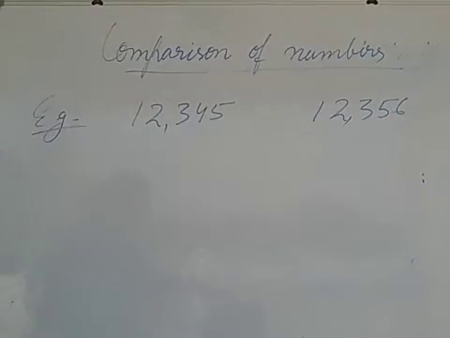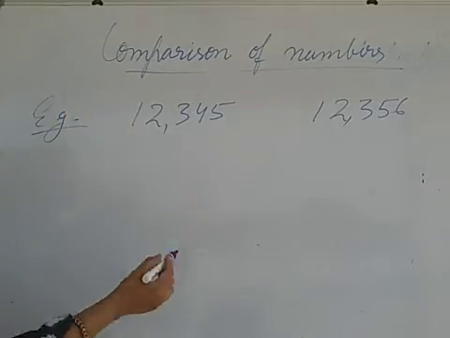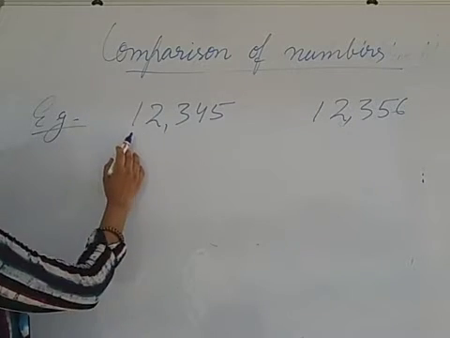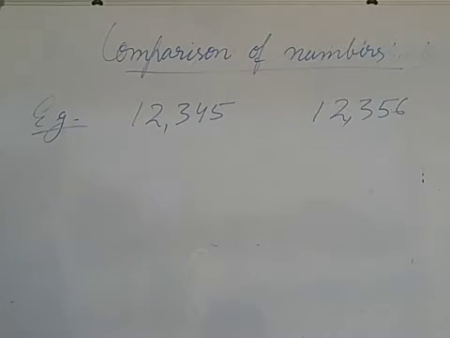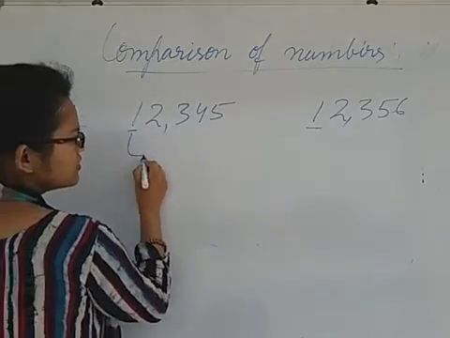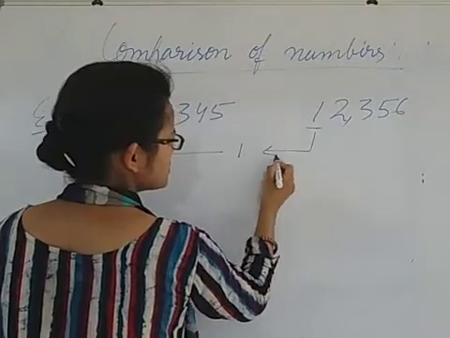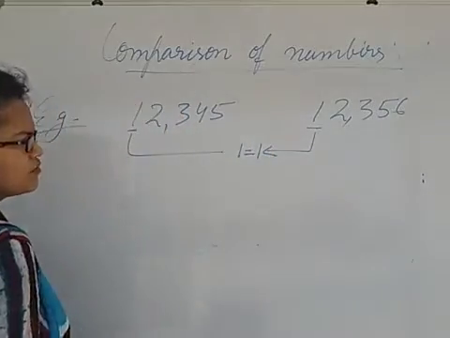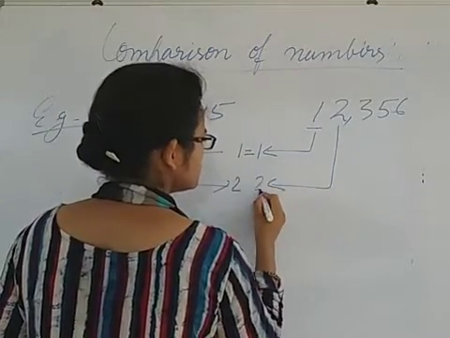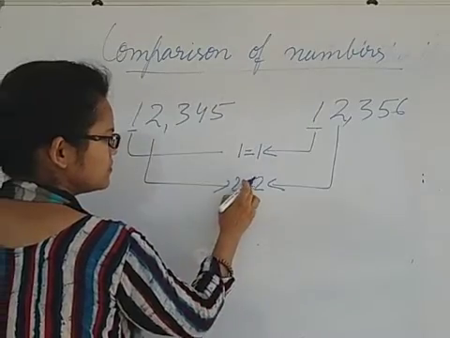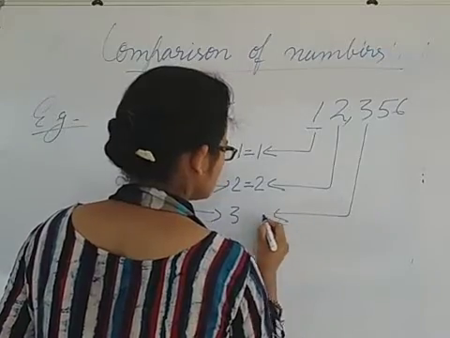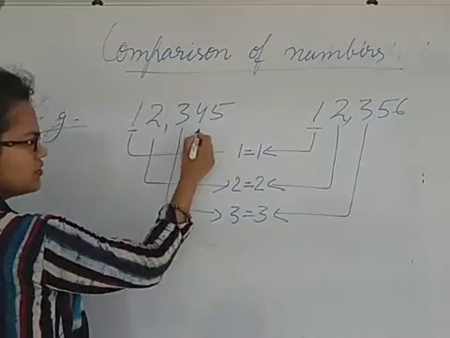Now take some more examples. Here I have taken two numbers. One is 12,356 and the second one is 12,345. Again let us start with the leftmost side of the number. Here the first digit is 1, here also 1, so it is equal. Second one 2, here also 2, equal. Third is 3, here also 3, equal.